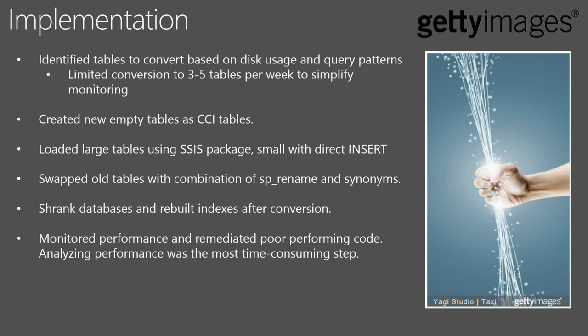The way that we went about doing this is we basically identified about 3 to 5 tables that we thought are our first candidates. Candidate tables had to be large tables, and they had to be more fact-based. By that I mean we had some very large tables like asset tables that contain metadata about the 170 million assets we have.